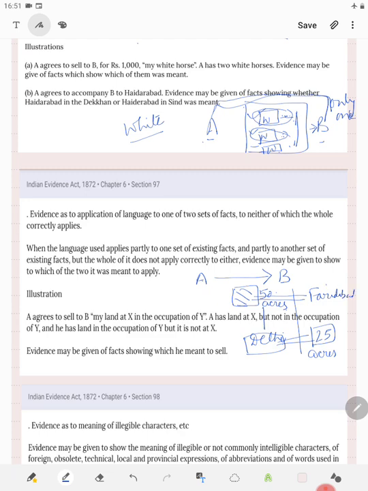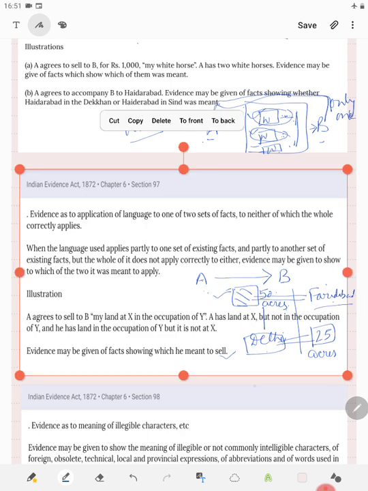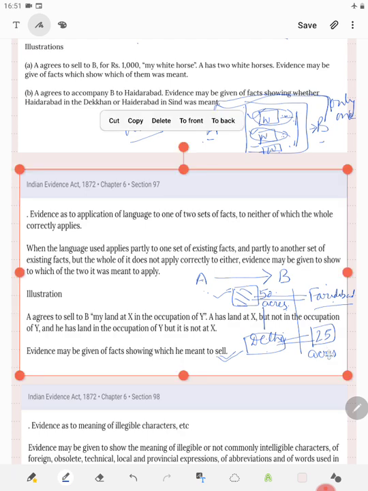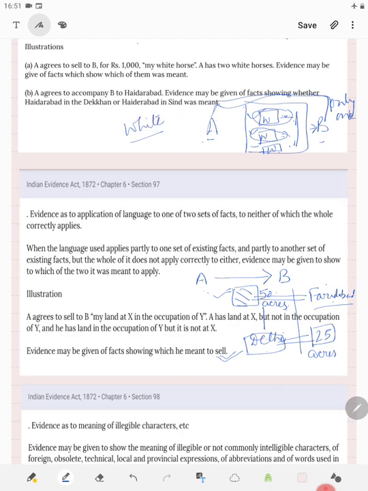So now, out of two sets of things, whether he meant the land at Delhi or the land at Faridabad, or whether the emphasis was on 50 acres. So if it is 50 acres, then we can say that it was by mistake Delhi, or it should have been Faridabad. And if location is of more importance, then we will have to say that the amount was wrongly written, it is 25 acres only.